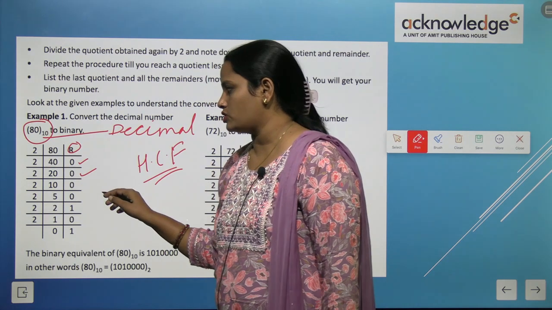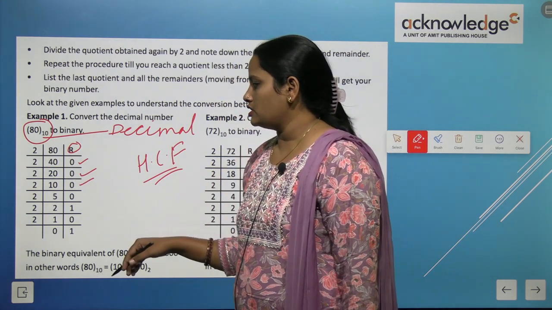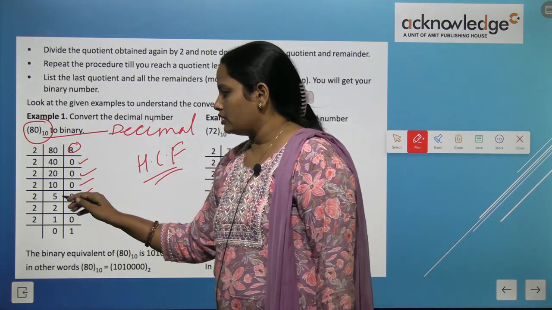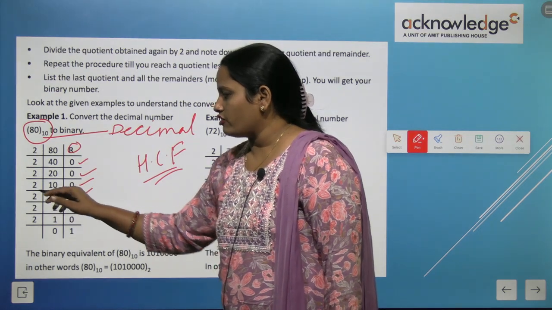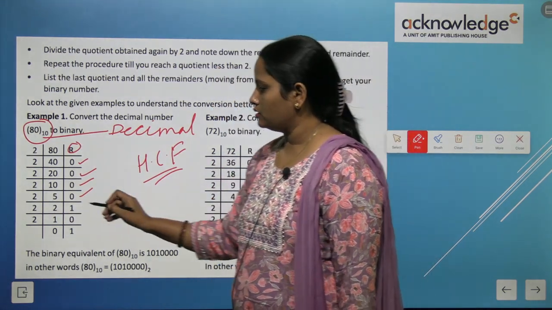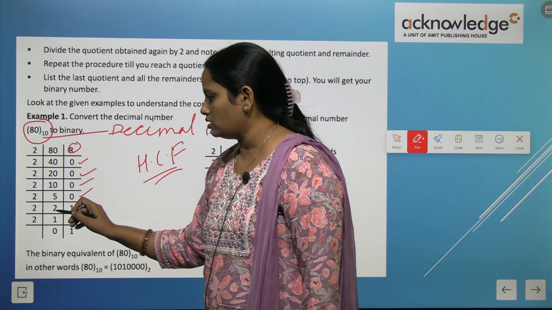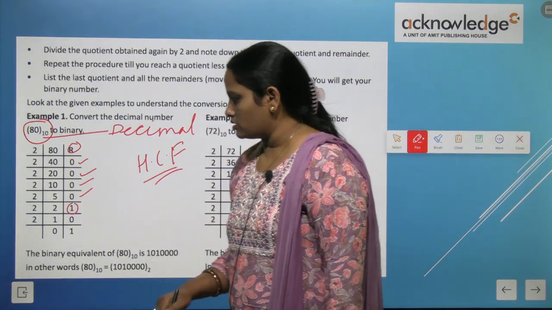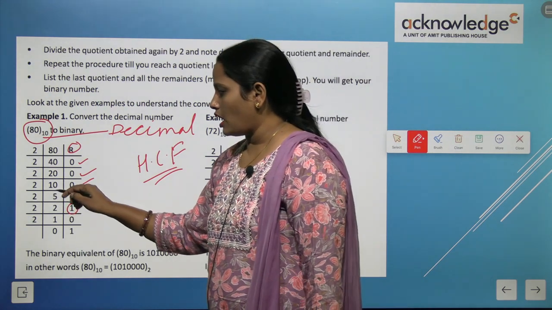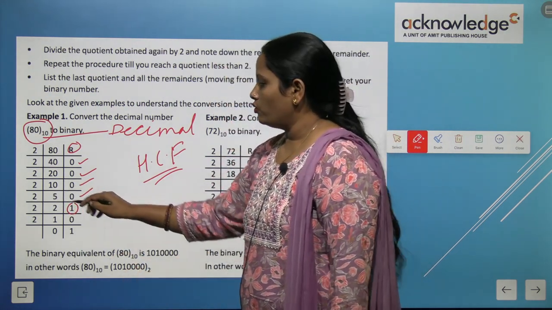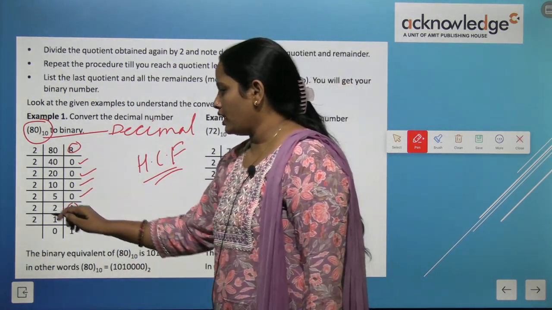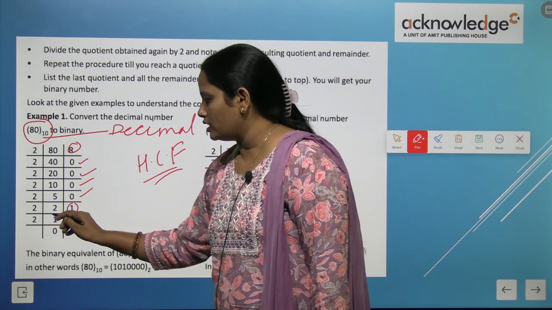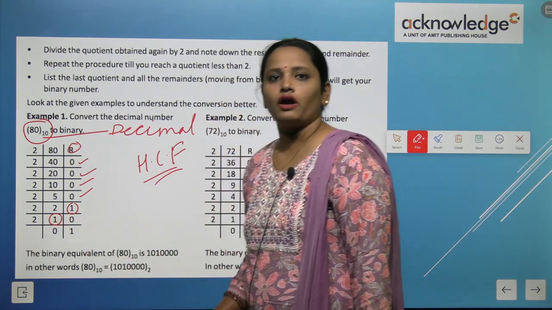Then again the same procedure is here. Then again 0 comes. But here when we divide this 5 by 2, what happens? 4 is the answer here. So 1 is the remainder, because 2 2s are 4. So 1 remainder is here. Next, at the last one, what do we have to do? 1 is remaining and it cannot be divided by 2.